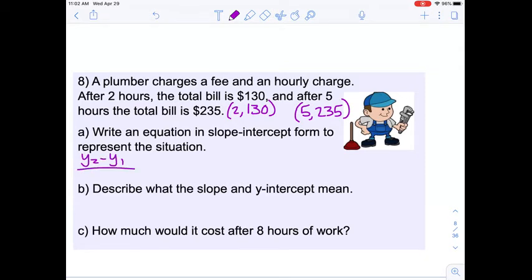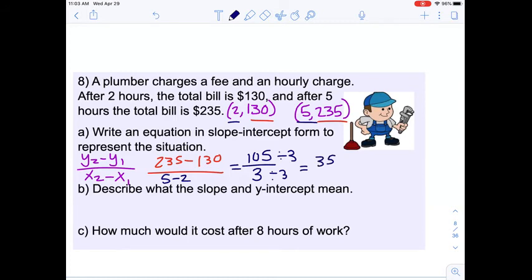Now the first thing I'm going to do is find the slope. So I'm going to use that equation y2 minus y1 over x2 minus x1. And then I'm just plugging in my numbers. So my two y values, we have 235 minus 130 over my two x values, 5 minus 2. 235 minus 130 leaves me with 105 over 3.